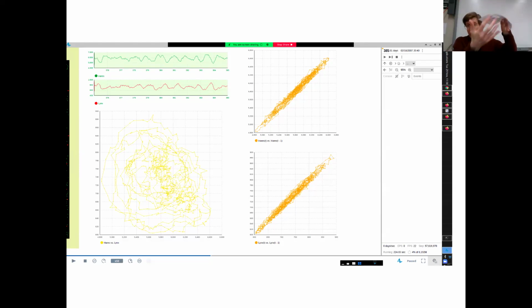It may be bent, it may be curved, but it's a lower dimensional space intrinsically. It's only exercising two dimensions. Two numbers would tell me where I am on this manifold within this broader state space.